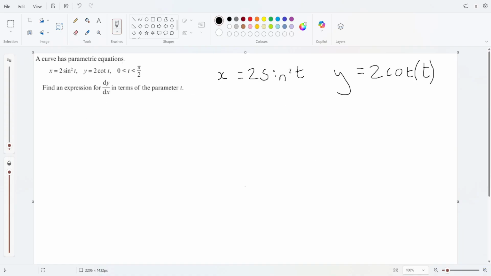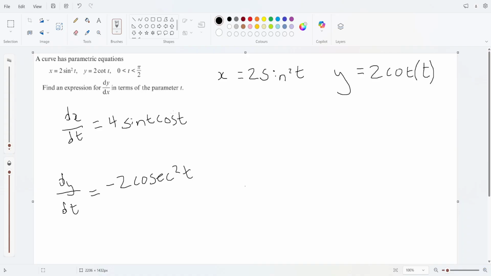So I've got my next question here. I'm just going to start by differentiating the x part in terms of t. So dx by dt equals 4 sine t cos t using chain rule. And then dy by dt equals negative 2 cosec squared t, and that is in the formula book. So now if I just put the dy dt part over the dx dt part, that's dy dx, and it's going to equal negative 2 cosec squared t all over 4 sine t cos t.